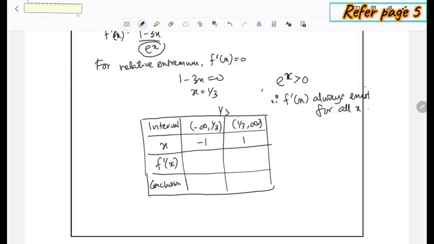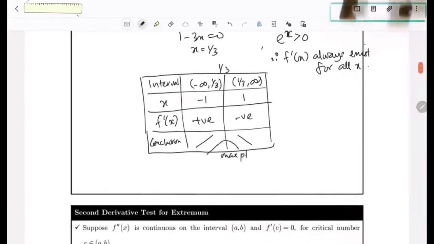So you will get here positive, negative. So the gradient is positive, gradient negative, slanting to the right, slanting to the left. So we have a maximum point here. So we need to get the corresponding value of your f(x). When x equals 1 over 3, what is your f(x)?